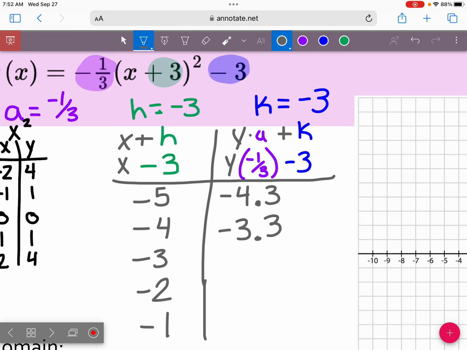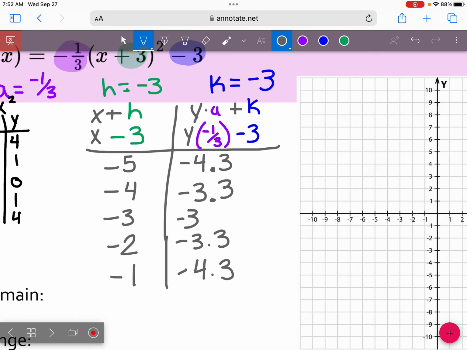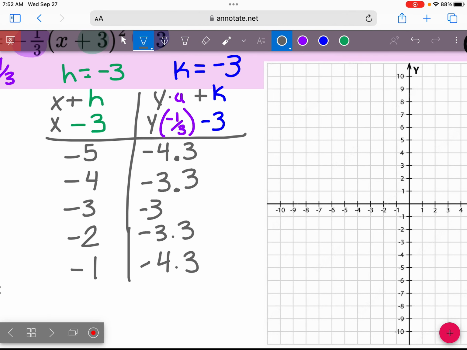When my y is 0, you can absolutely plug it into a calculator, but with this one we can do it ourselves. 0 times (-1/3) is 0. 0 minus 3 is -3. We've already done the 1. It gave us -3.3. We've already done the 4. It gave us -4.3. We should always wind up with symmetrical data here, doing it this way.